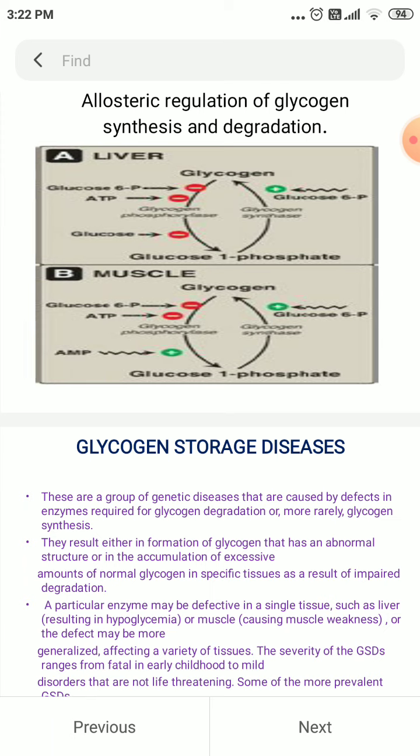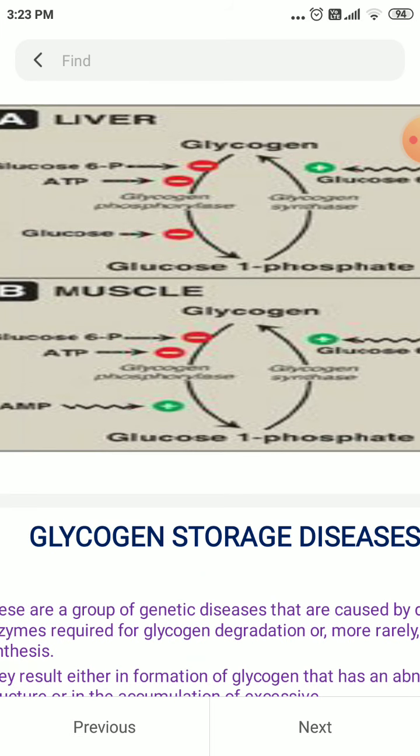Here, glucose 6 phosphate as well as ATP molecules act as inhibitors for the enzyme glycogen phosphorylase, whereas glucose acts as an inhibitor for glycogen phosphorylase. In synthesis, where the enzyme glycogen synthase is involved, in the liver glucose 6 phosphate acts as an activator molecule for this enzyme.